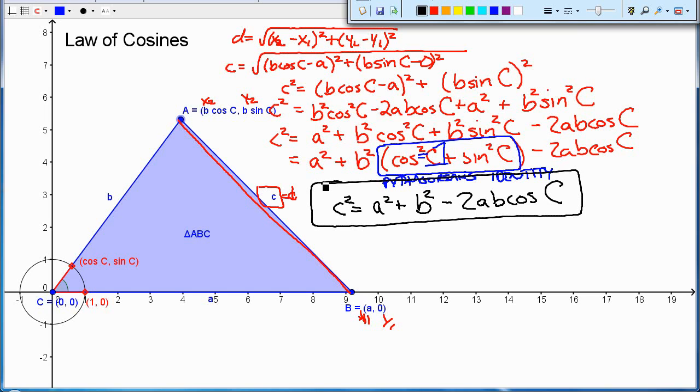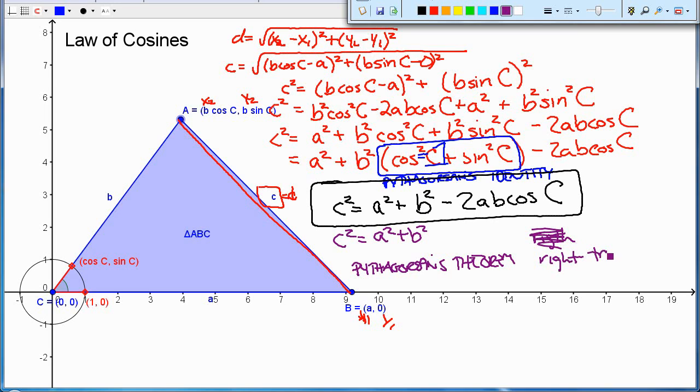If you look at this really carefully, this should be very familiar. In fact, it only takes a little bit more memorization of the Pythagorean theorem. There's Pythagorean again: c squared equals a squared plus b squared for right triangles.